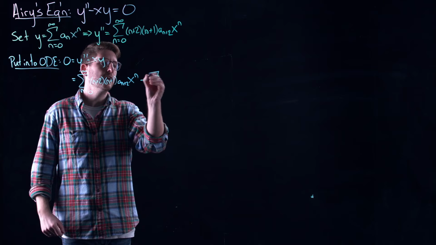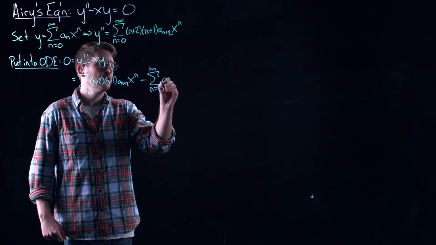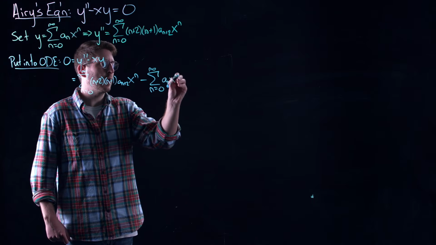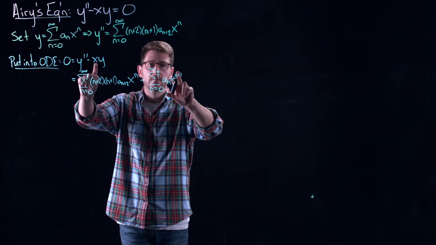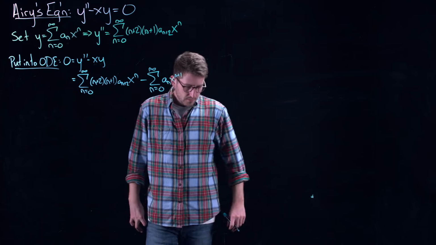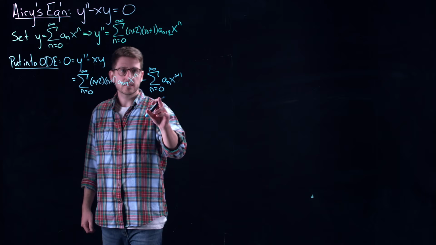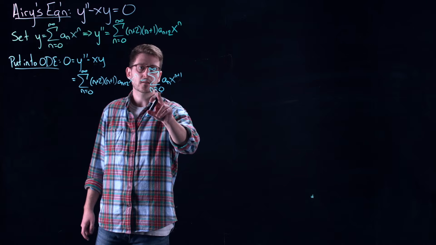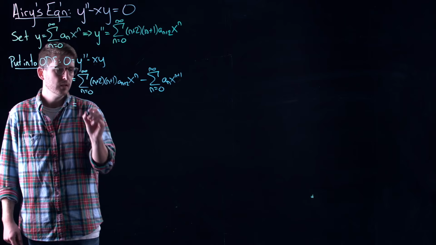So I'm going to go ahead and put the x into the summation right away. So I get a_n x^(n+1). So the plus 1 is coming from multiplying that x in. If that wasn't there, I would just have my original y. But now this is making things a little bit ugly, because technically this series starts at n equal to 1. I want them to have the same generic term.